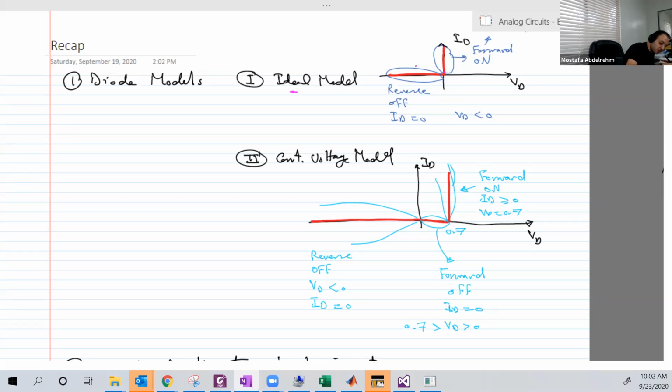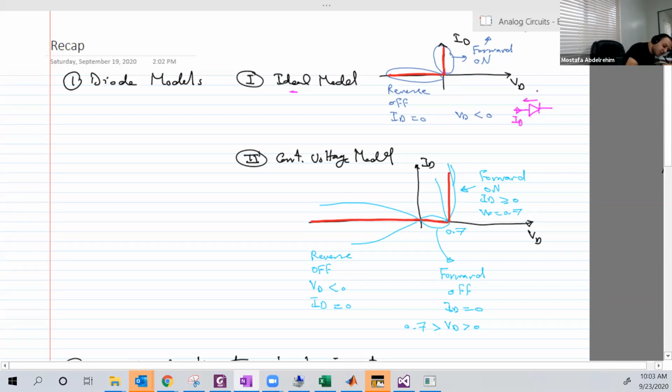Okay, so we usually, for normal diodes, and I will explain why I call it normal diodes, we assume that the current is flowing from P to N, and it should be positive in forward and 0 in reverse. And so this is ID.